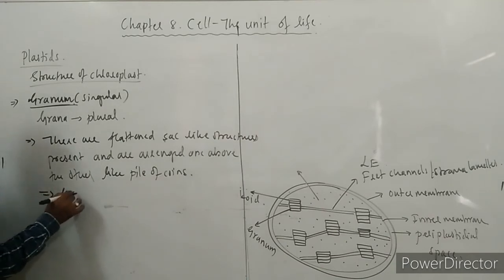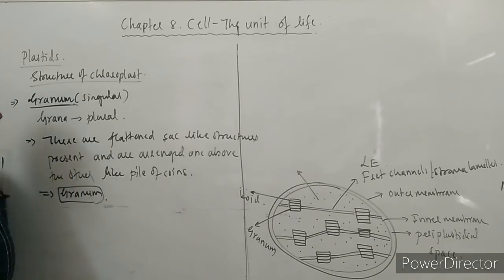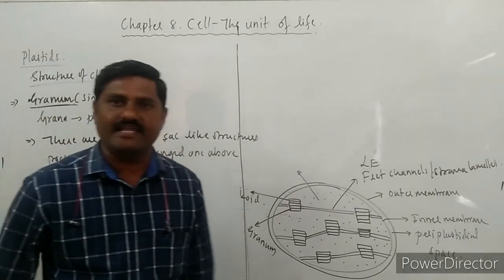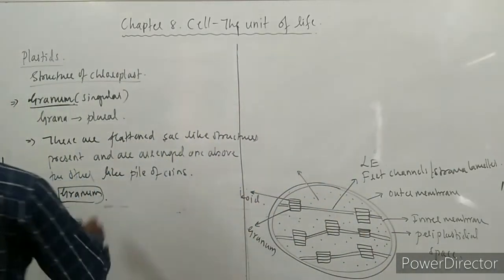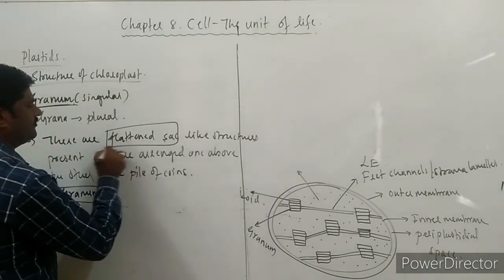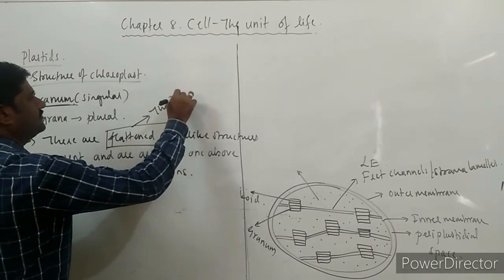These are named granum, right? And a single flattened sac-like structure is called a thylakoid. A single flattened sac-like structure, what we call is a thylakoid.